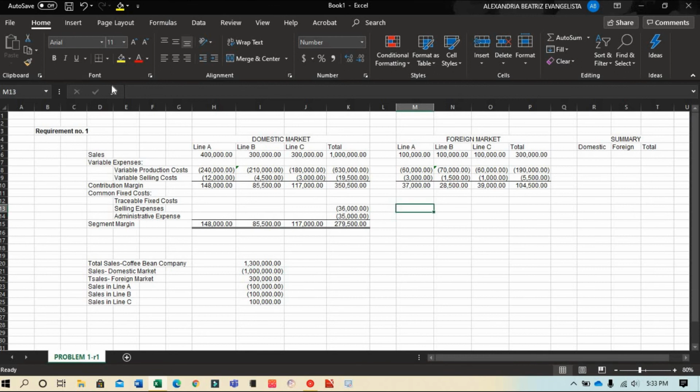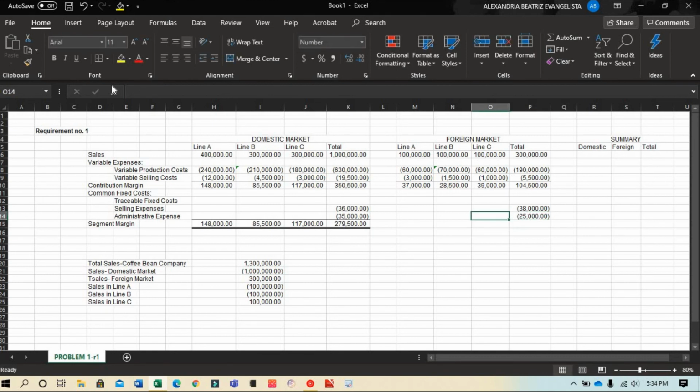Okay, now let's input the traceable fixed cost for the foreign market. So given the problem, the traceable fixed cost or the selling expenses is $38,000. So let's just deduct that in the total column. And then as for the administrative expenses, it is $25,000.